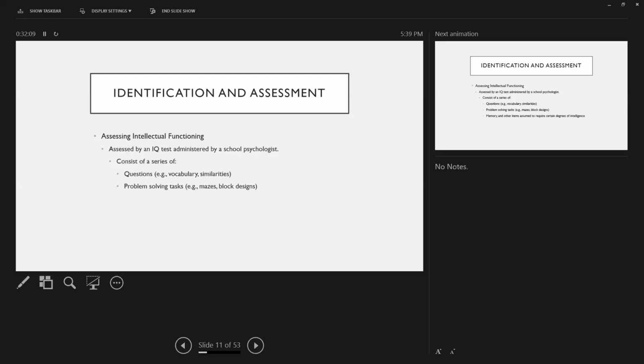Problem-solving tests, like spatial memory, being able to solve mazes, complete block designs. And then items that are testing memory, and other types of questions that are assumed to require certain degrees of intelligence.